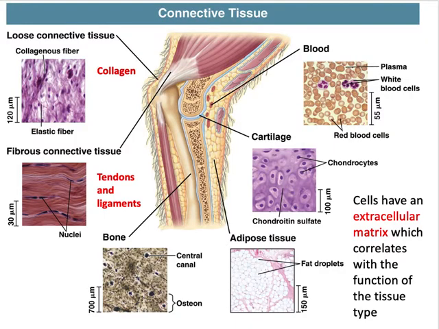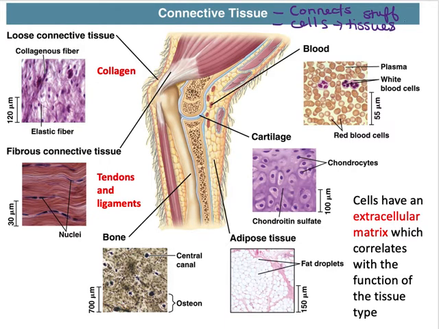All right. Next, we have connective tissue. And connective tissue, if we want to keep it very simple, connects stuff. The connective tissue has cells, and the type of tissue is going to mean that the cells have a definitive extracellular matrix.